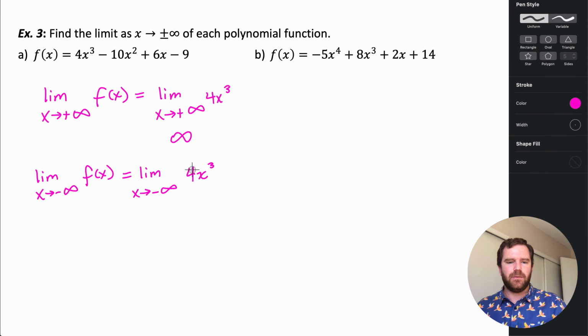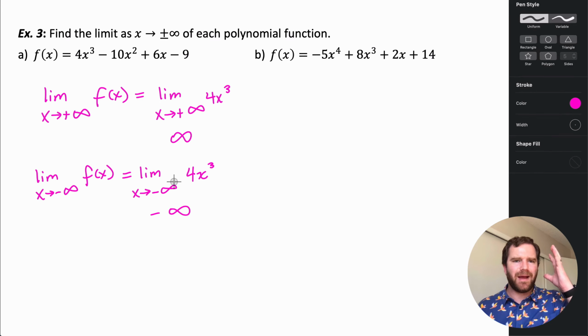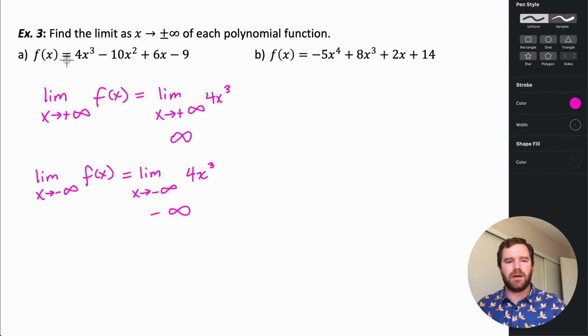And then a big negative number times a positive number is going to be something negative. So this would be negative infinity. And this matches what we know about cubic functions, right? If the leading coefficient is positive, as x goes off to negative infinity, the y values go off to negative infinity. And as x goes off to positive infinity, the y values go off to positive infinity.